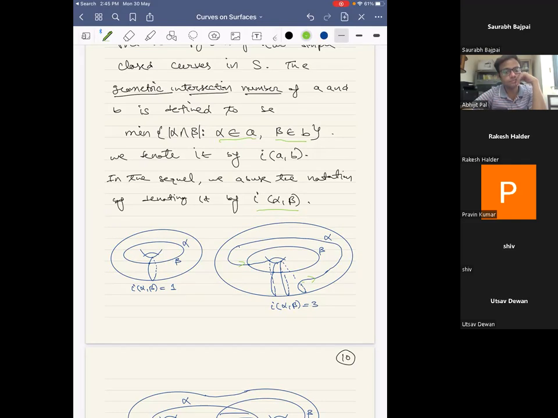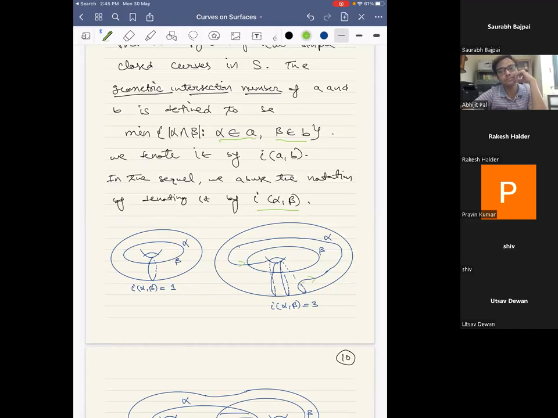Also you will see its importance when you study hyperbolic surfaces, right? If you look at any two, for example, geodesics there, there cannot be... so okay, I have to come to that.